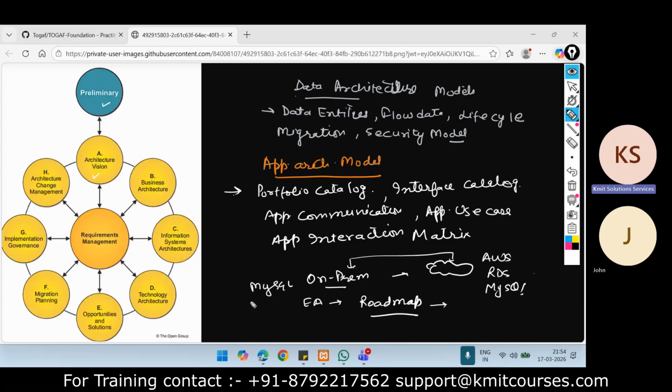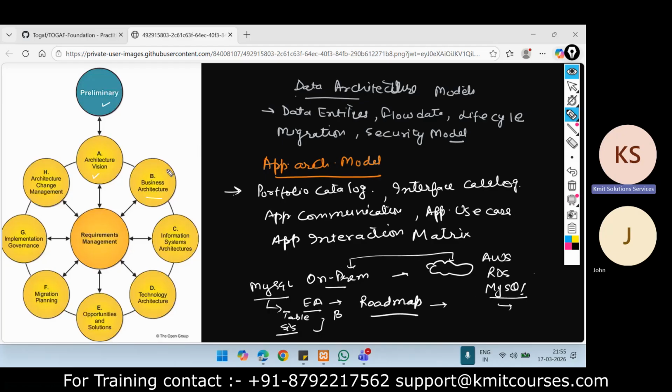So this MySQL will be migrated to AWS. When you are defining the architecture vision, you are defining very high-level components of the entire project. Now your business architect has identified some gaps, saying some tables are missing, some stored procedures and functions are missing, which we need to add into our target or future architecture.